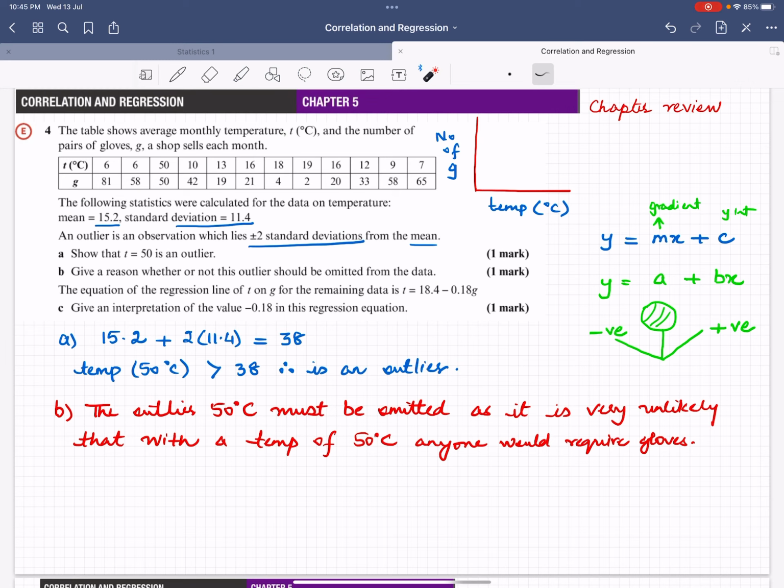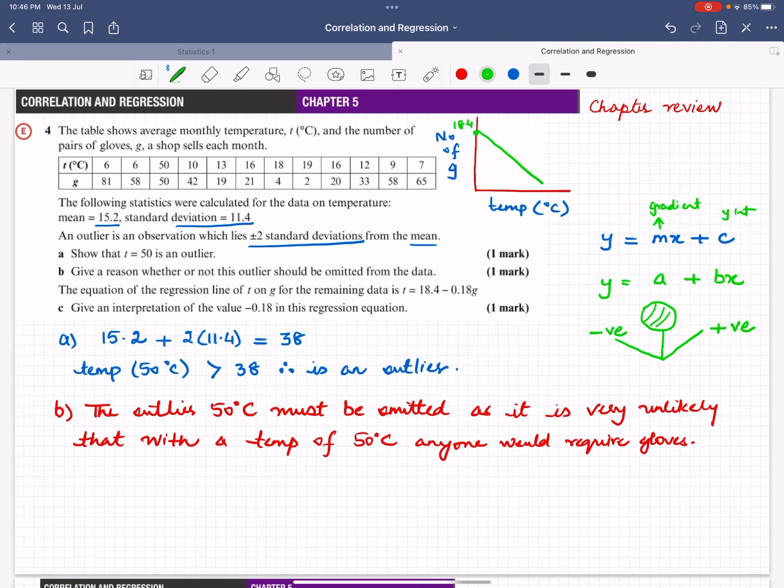If we observe the equation of this line, we have a negative gradient. The value of b here, which is our gradient, is negative 0.18. So when we have a negative gradient, we have the line in this direction, which is towards the left hand of the boy. So let's draw a sketch of the line here. It's 18.4, the y-intercept. So this is my y-intercept, which is 18.4, and the line goes towards the left hand of the boy.